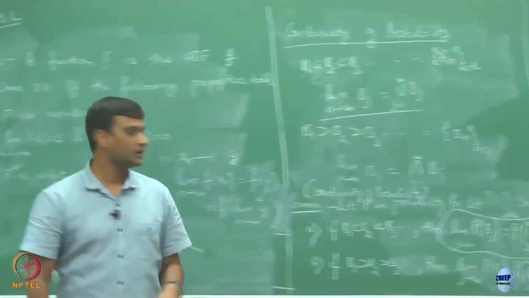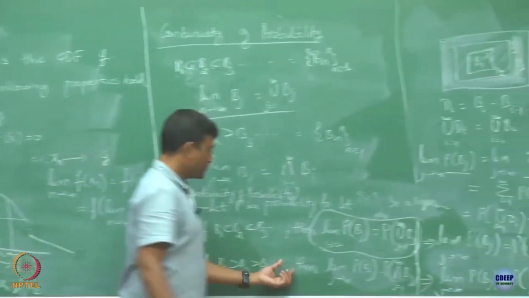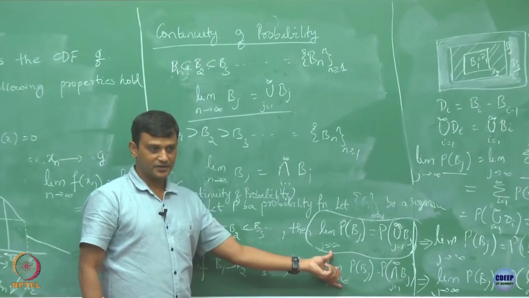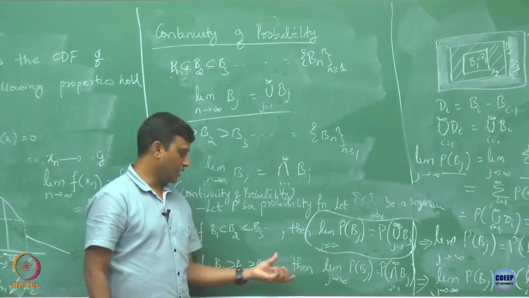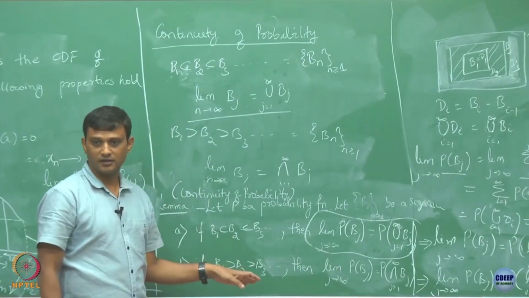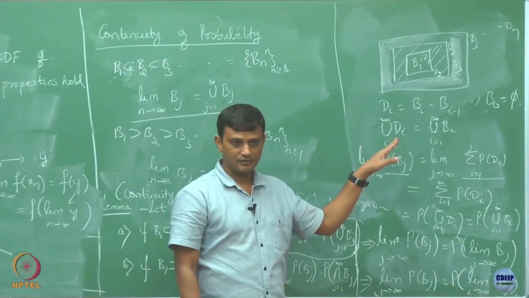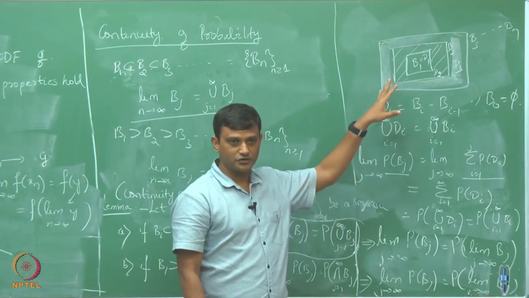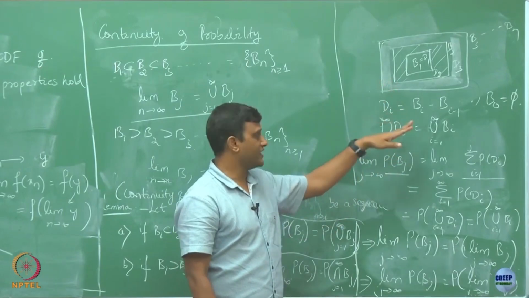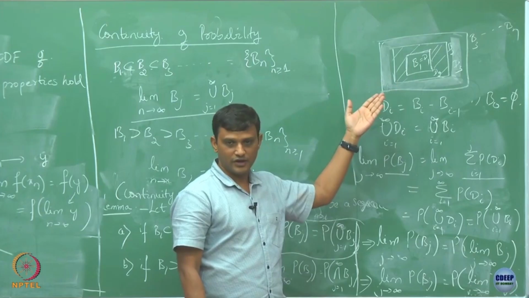So if you want to show this on the decreasing sets, what changes can you possibly think of? You have to now define your Di's appropriately, right? How are you going to do that?